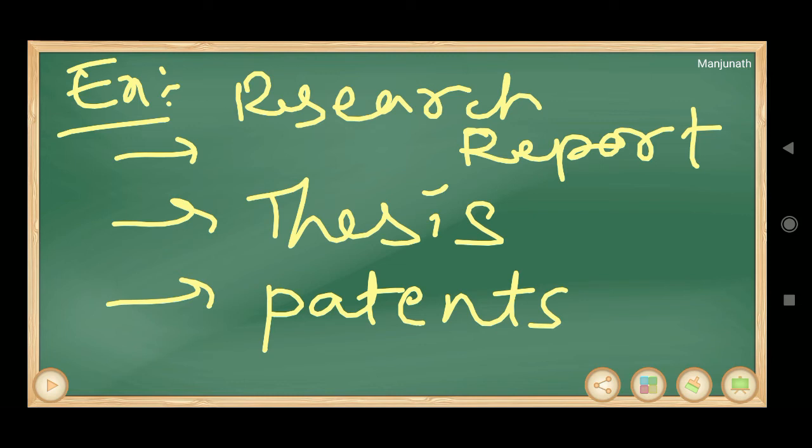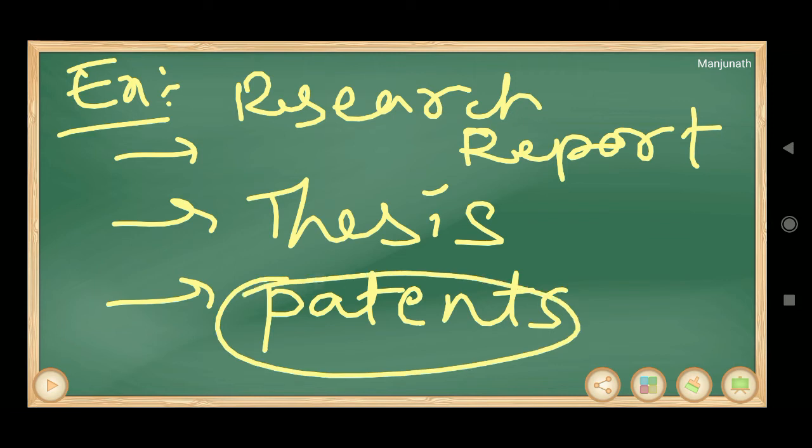So a patent indicates your original work, so that nobody has the right to copy or reproduce it. That is about patent documents. So this is about the primary sources of information.